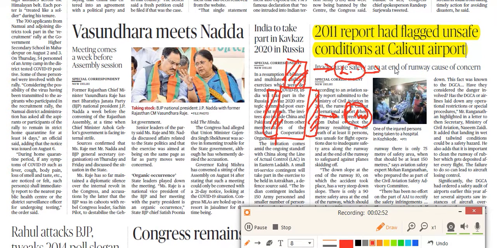It was around 90 meters, and the 150 was around 75 meters in actual practice. So there is a difference between what is recommended and what is actually followed. This was the problem with respect to the Calicut airport, and this may be considered one of the great causes of this entire unfortunate incident that took place.